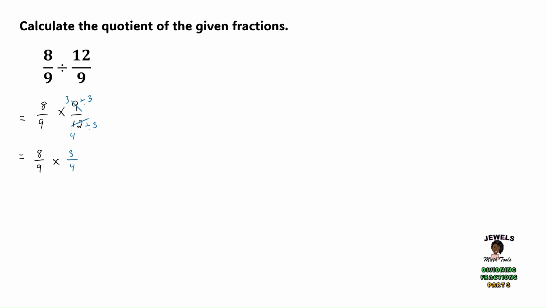So at this step, you can decide to either simplify the fraction and then work it out to your solution, or you can just multiply the fraction and then simplify afterwards. But what I'm going to do is take my simplifying a little bit further, and I'm going to simplify across my fraction.